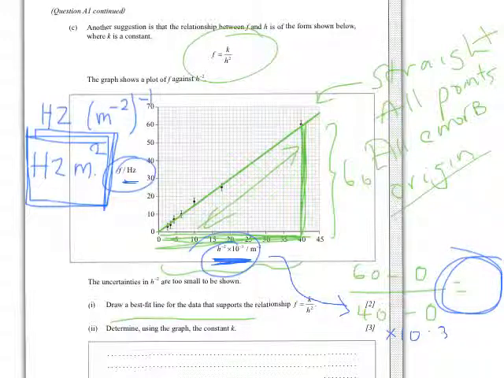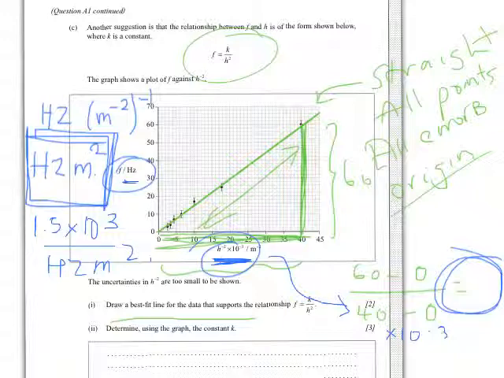So the real answer is not 1.5, it's 1.5 times 10 to the 3. Okay, so I'm going to write it here, 1.5 times 10 to the 3 hertz meters squared. Okay, so always be really, really careful checking the axes and checking the scale of the axes. And of course 3 marks, you would have definitely lost one of those marks if you hadn't remembered the units.